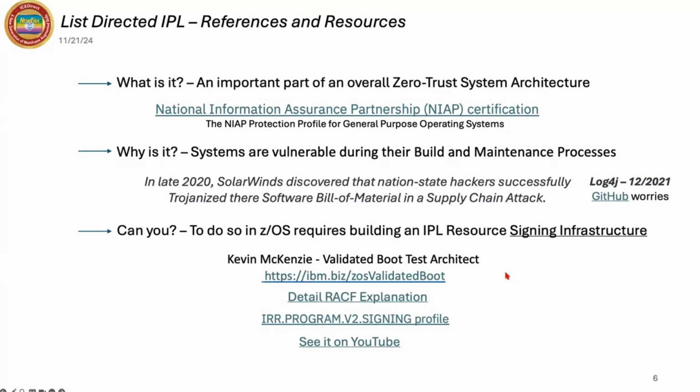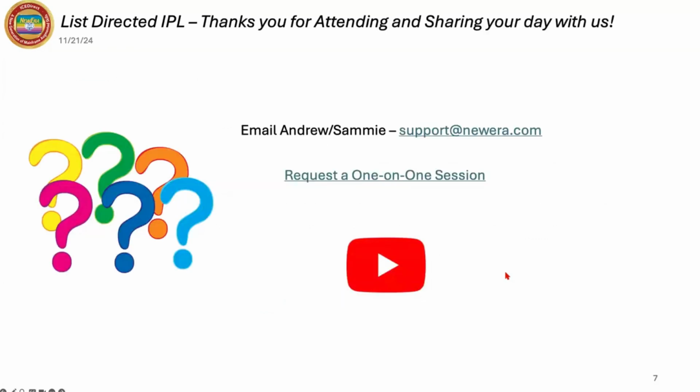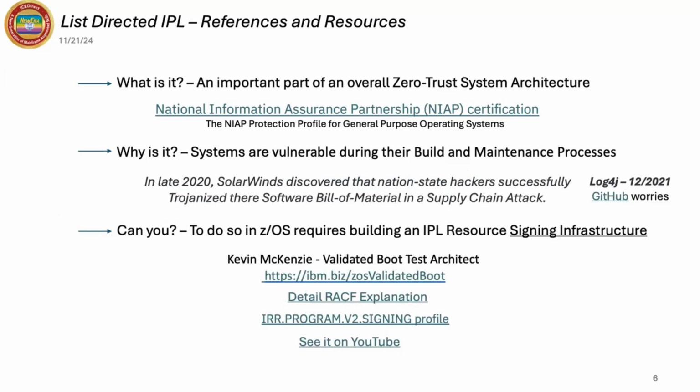Okay, so we had our look, and I want to make sure that you notice in the copy of this presentation that Sammy is going to send to you, there are some references and resources included. They're all hot linked.